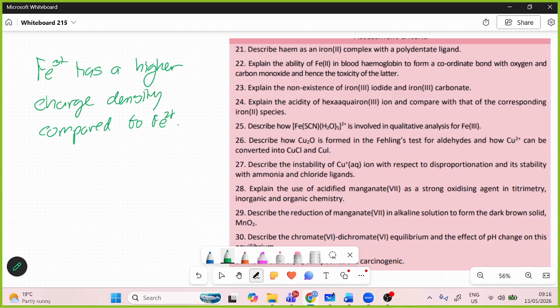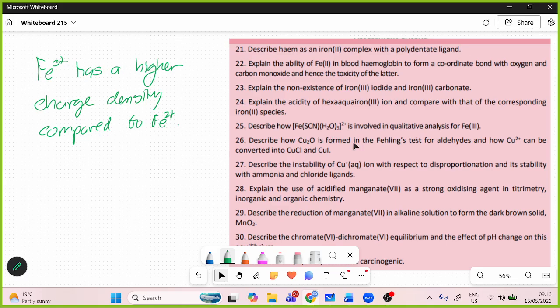So simply you have to speak about the charge density. The bigger the charge density, the more H+ ions you will have in solution, therefore it will be more acidic.